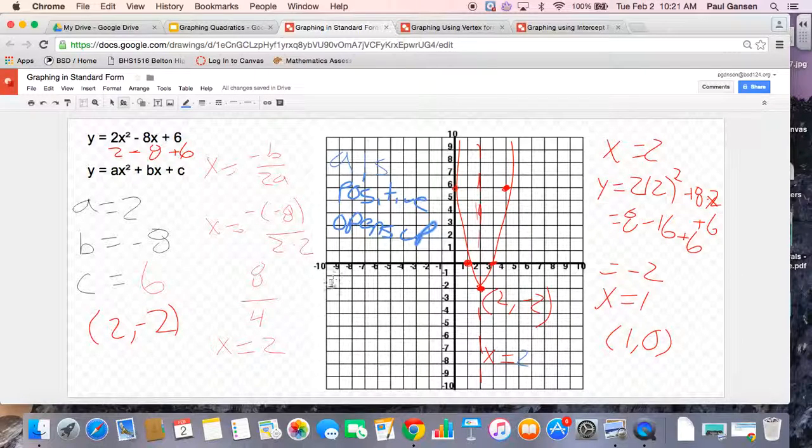When it's negative, on the other hand, it's going to flip it over, it's going to open down. That's one thing that the a value does. So again, when a is positive, it opens up like we have here. When it's negative, it opens down and makes more of an umbrella shape.